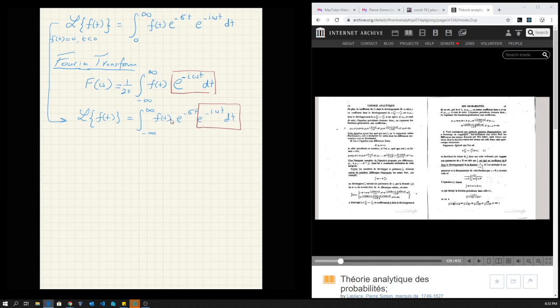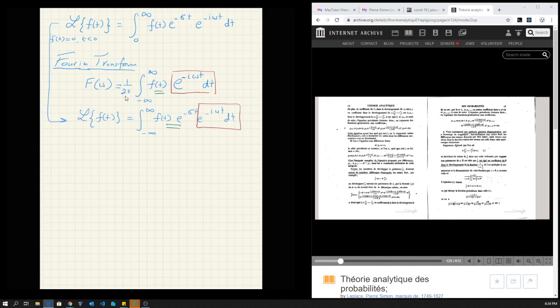Well, the part that's different is this part right here. Here we just have f of t, here we have f of t times this exponential. So you can think of the Laplace transform as really a Fourier transform, but instead of plugging in the function, you take the function and multiply it by this exponential before you plug it in.